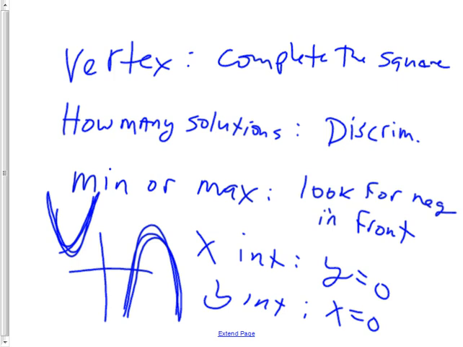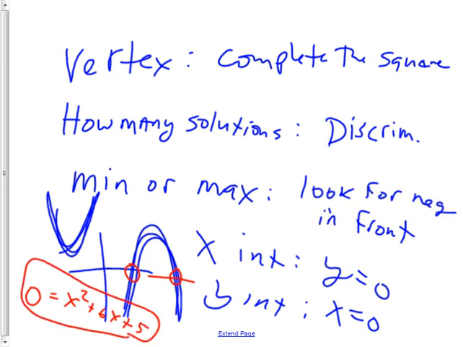What if you want the roots? Those are these spots. How do you find those? They are the x-intercepts, so you set what? Y equal to 0. And if I set y equal to 0 and I have my equation now as this, can I factor it?